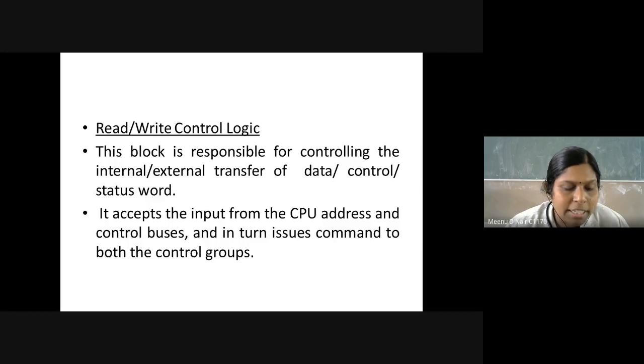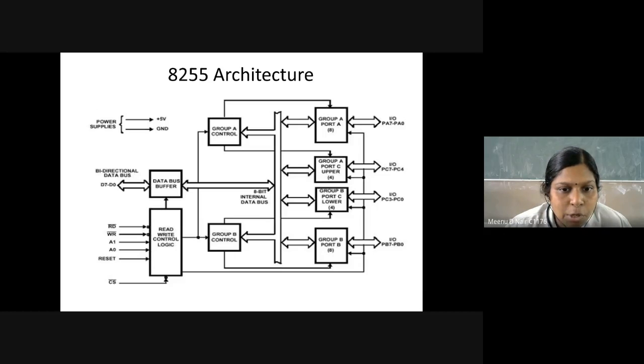Read or write control logic is responsible for controlling the internal as well as external transfer of data, control and status word, right? This is the read or write control logic. Read function will be there, write function will be there.